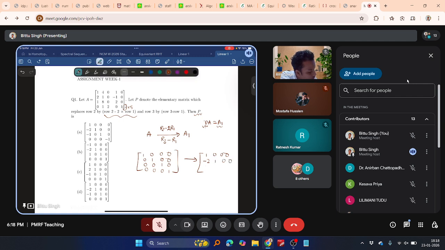And R3 minus R1 becomes minus 1 0 1 0. So now we can see this is the same as option D. Okay, so this is how we can perform row operations. Here we have performed the row operation on I, the 4 by 4 identity matrix.